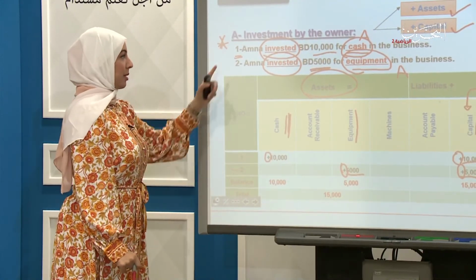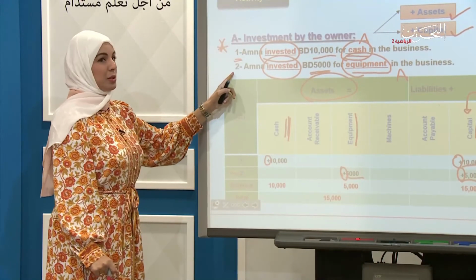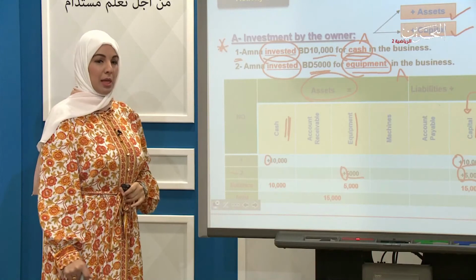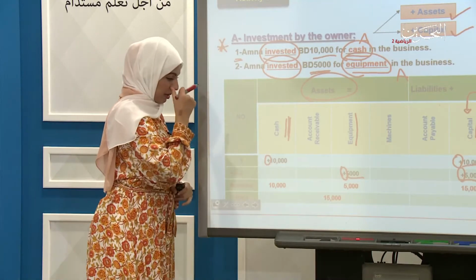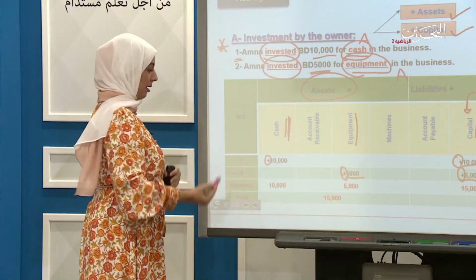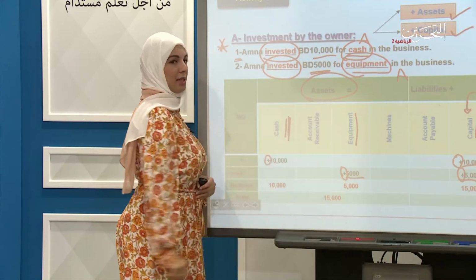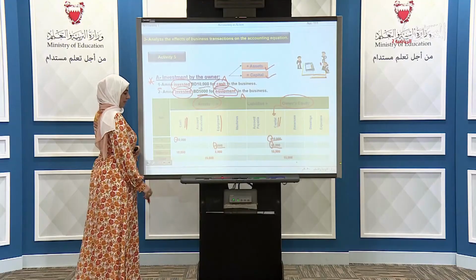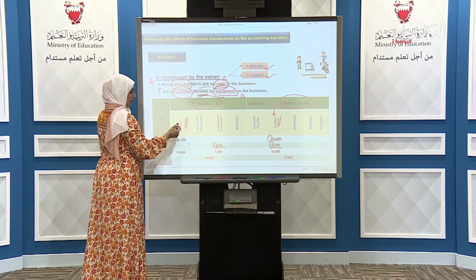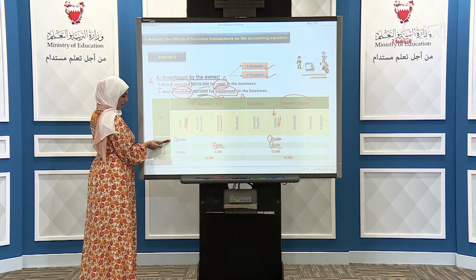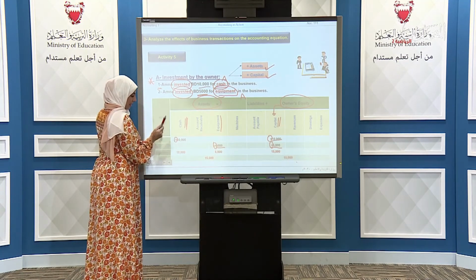After I finish transaction 1 and transaction 2, I should do the balance after these two transactions. I will make the balance for all the accounts I have in each section. Coming to the section of assets under the account of cash, I only have an entry in transaction 1, the 10,000.